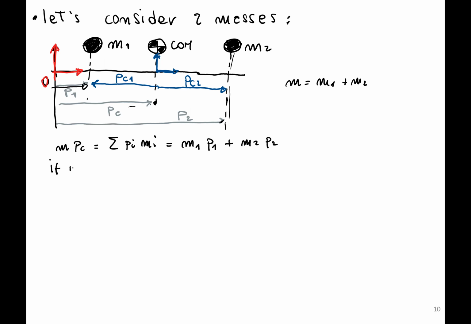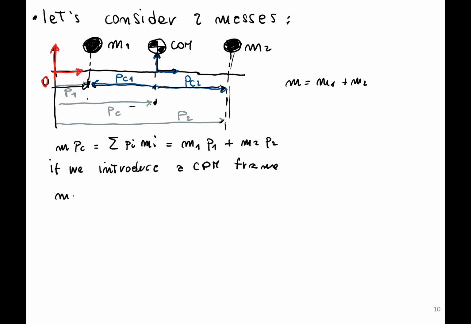Now, if we introduce, as we said, a COM frame, which is this one in blue, then we can define the positions of the masses with respect to this frame, right? pc1 and pc2.